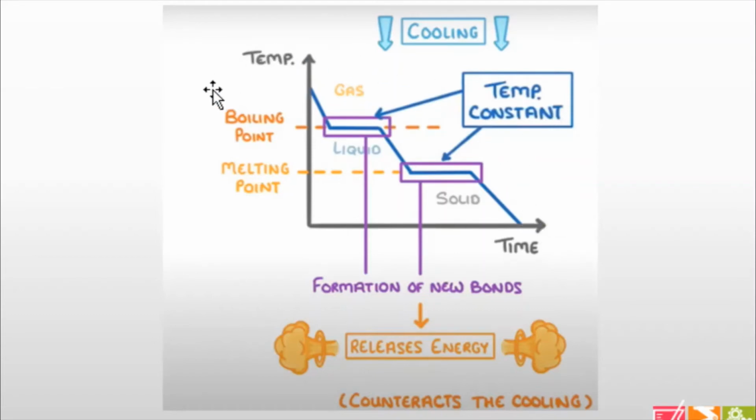At the boiling point at 100 degrees Celsius and melting point at 0 degrees Celsius, the temperature is constant even though the system releases energy to the surroundings. It can be explained that the energy is used for formation of new bonds.